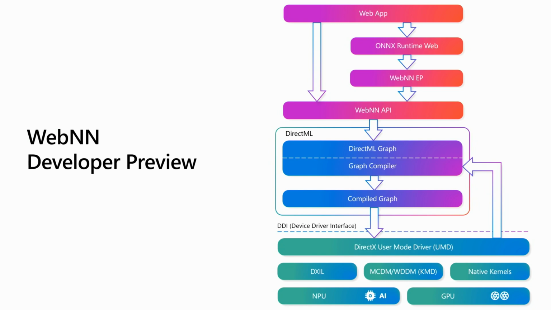WebNN also works with various web frameworks and APIs that provide the high-level interface for running machine learning models on the web, such as ONNX Runtime Web for ONNX models. Together, WebNN, DirectML, and ONNX Runtime Web form a powerhouse trio for fast and secure machine learning on the web.